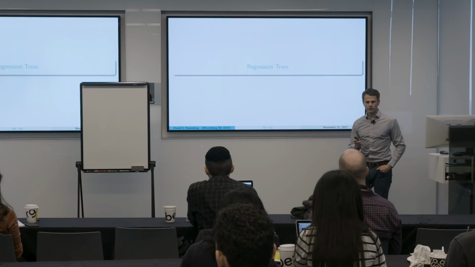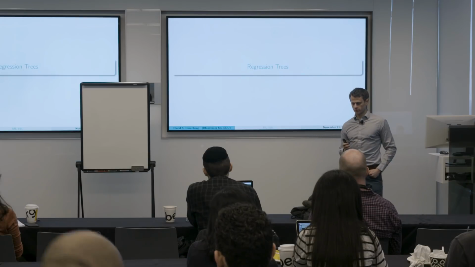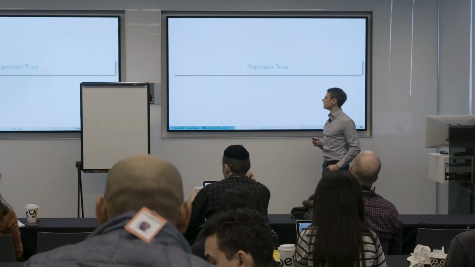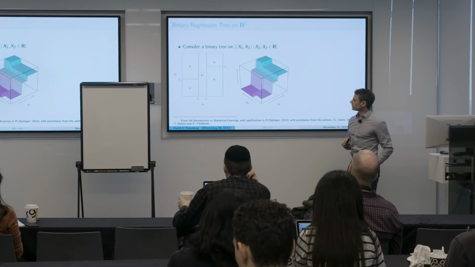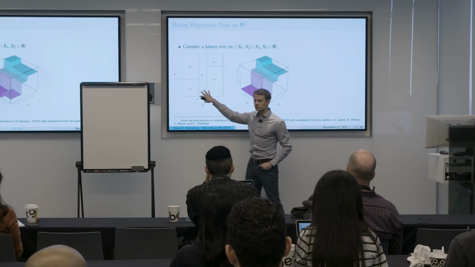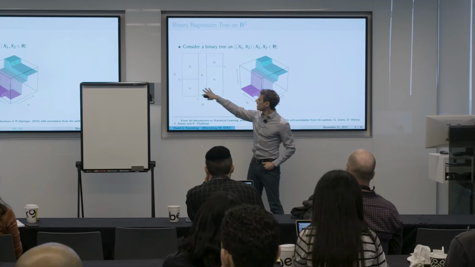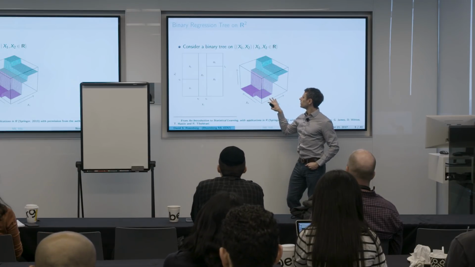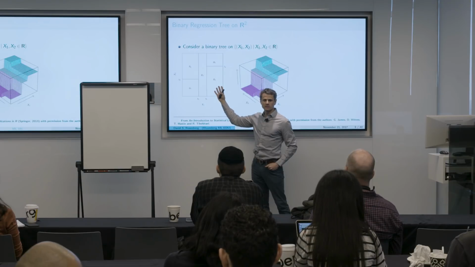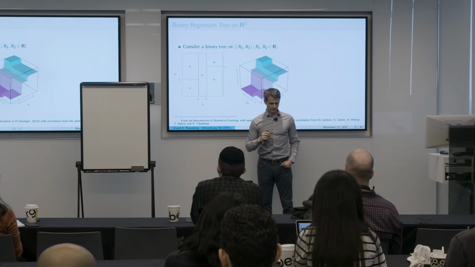So we're going to dive in first to the somewhat simpler type of tree, the regression tree. Classification has a little extra complexity that we'll get to. So here again, we've started with the partition of the input space given by the tree on the left. And what we have on the right is what happens when for every piece of the partition that the tree gives us, we assign a particular value to predict.